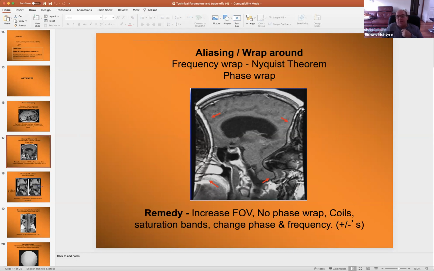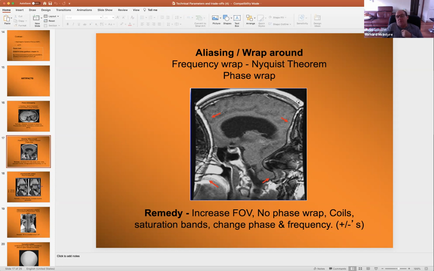So you've got the back of the head here, and you've got the nose and the eyes and the mouth here. Okay, unfortunately, because the field of view is so small, the phase encoding continues outside, anterior and posterior to that field of view.